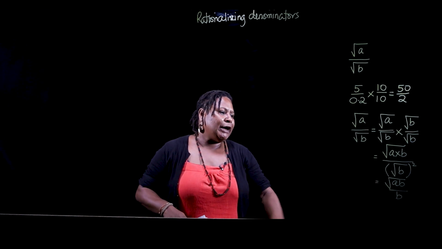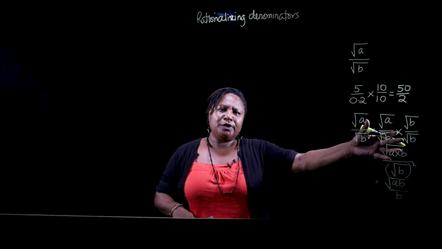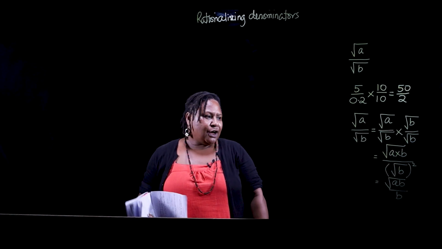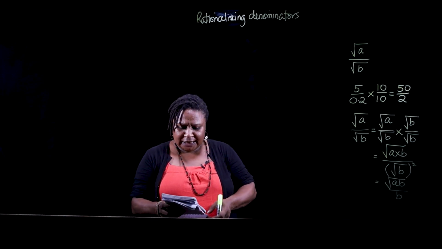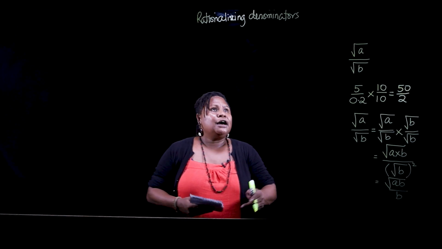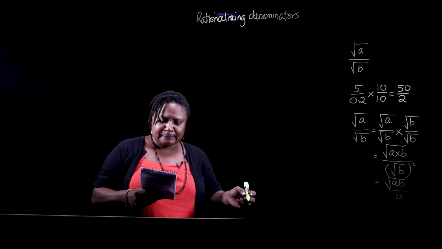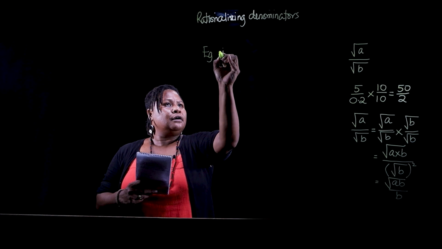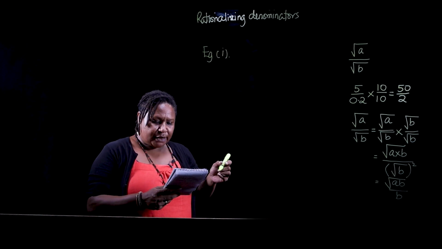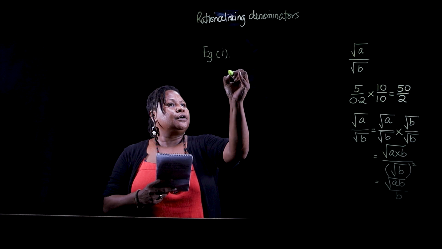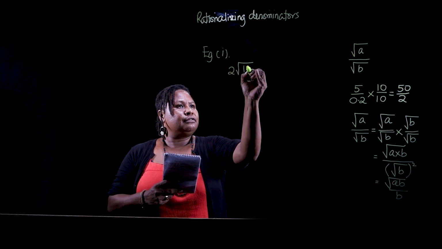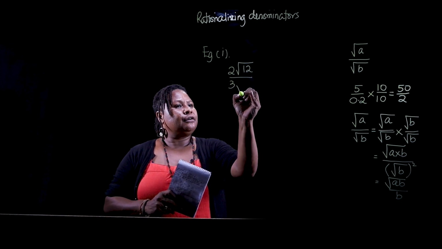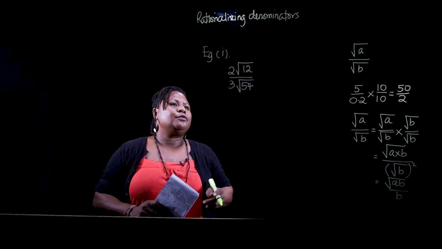Now it might be unclear when we use algebra, so we are going to put some numbers in there and see how this makes sense. Example number 1, where we have 2 root 12 divided by 3 root 54.